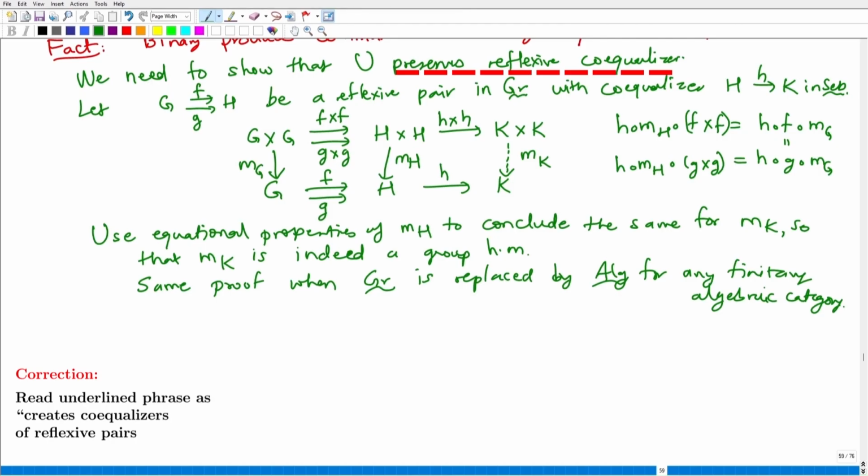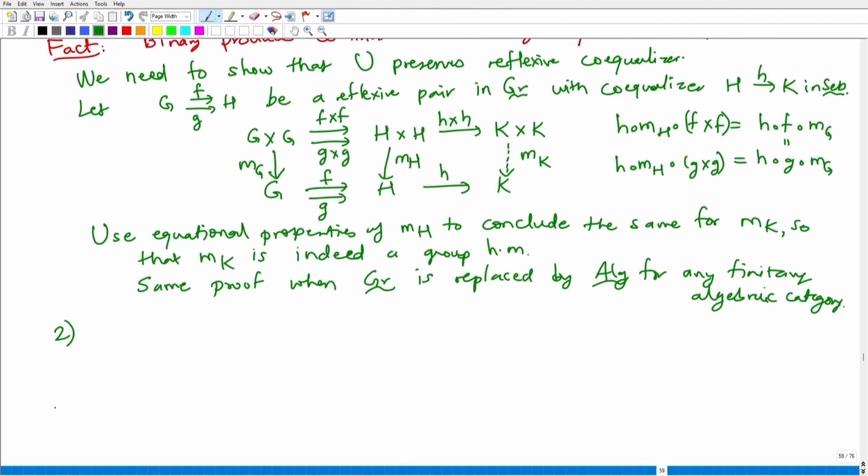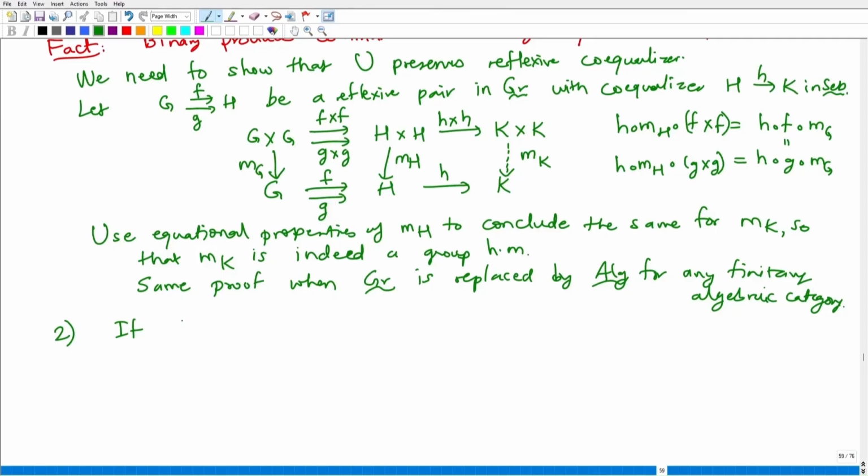Another example, like we have done one example. Okay. Another example will be about a reflection. So what is a reflection? Please remind me. The inclusion of a full subcategory has a left adjoint. Okay.